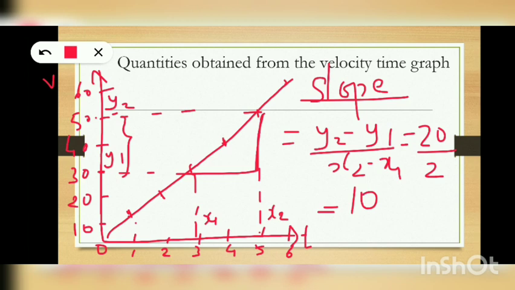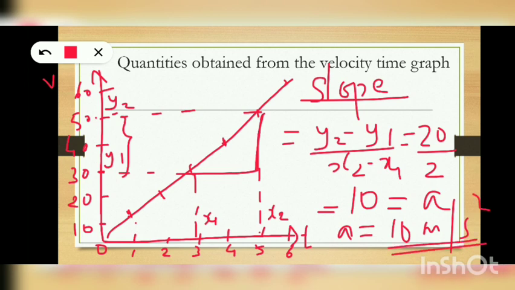And if we calculate the slope from any other 2 points on the graph, we will get the same value 10. This slope itself is the acceleration of the object. So the acceleration of the object as per this graph is 10 meter per second square. So the slope of the velocity time graph gives us acceleration.